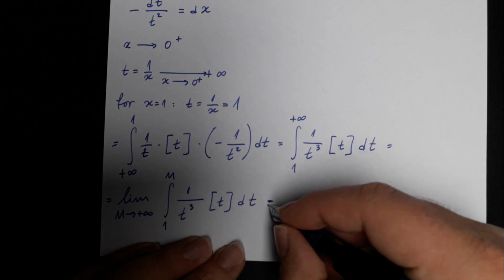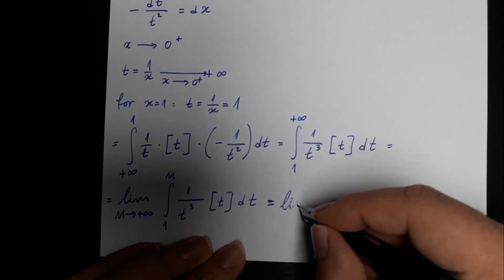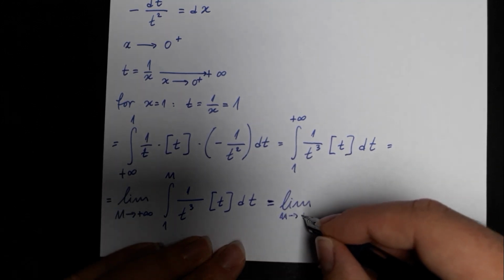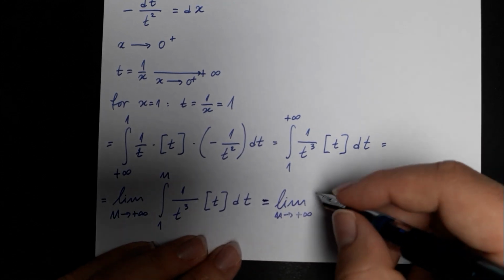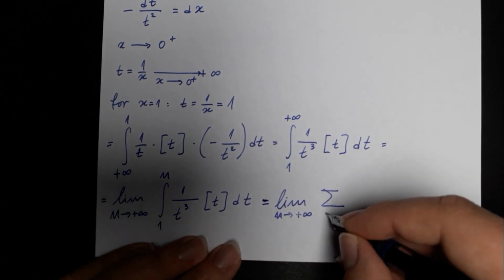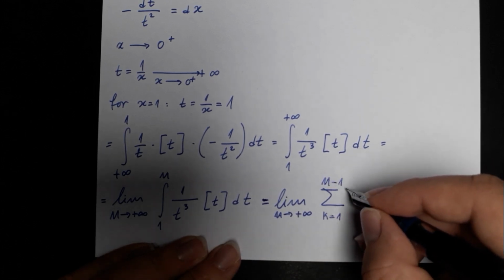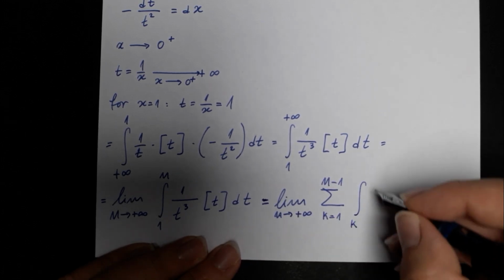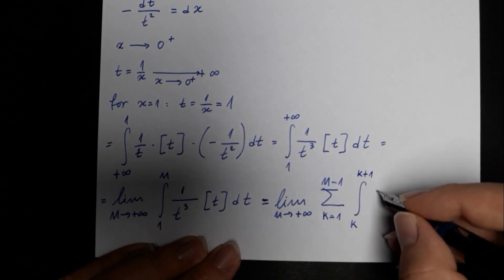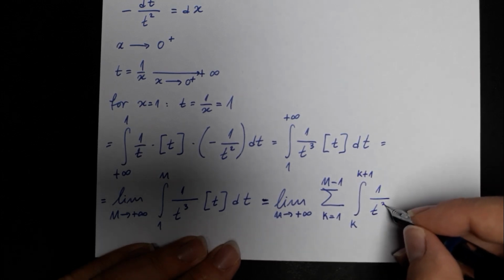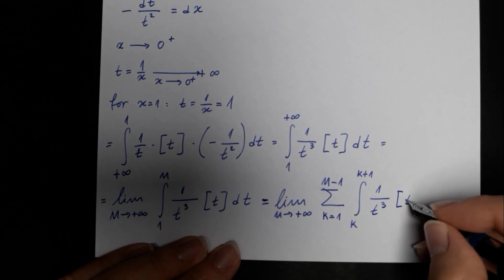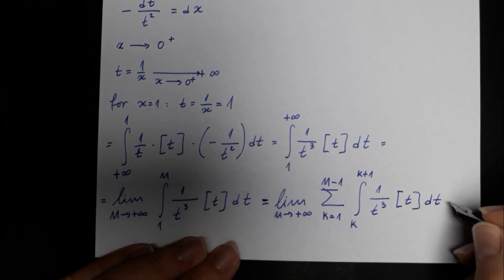So we get this to be equal to the limit when m approaches infinity from the side of positive numbers, of the sum where k goes from 1 to m minus 1, of the integral from k to k plus 1, 1 over t cubed, floor function of t, differential of t.